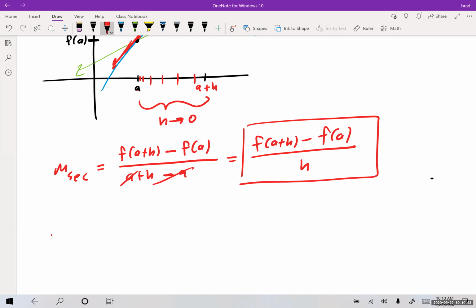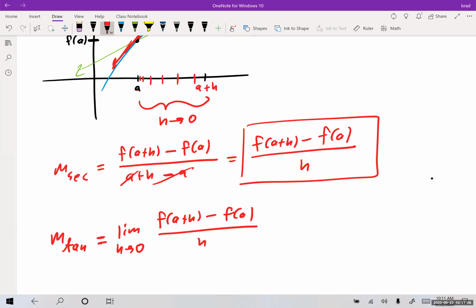So I could say that the slope of the tangent line, where a and the next point are so close together that when you try to draw a secant line, you end up with a tangent, is worth the limit as h approaches 0 of f of a plus h minus f of a all over h.